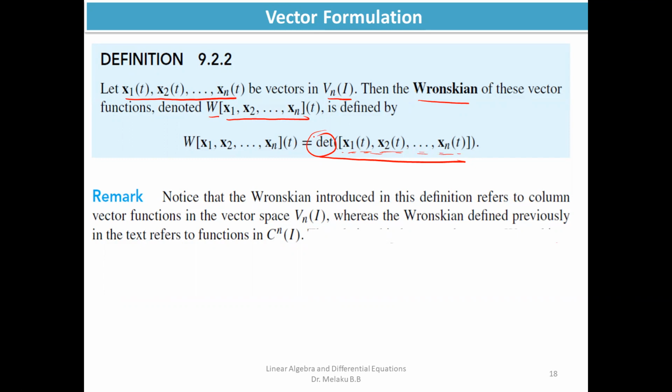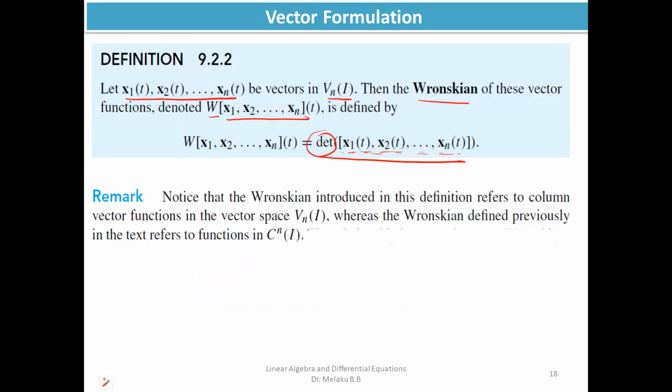Notice that the Wronskian introduced in this definition refers to the column vector function in the vector space V_n(I), whereas the Wronskian defined previously in the text refers to the scalar function. Of course, that was in C_n(I).